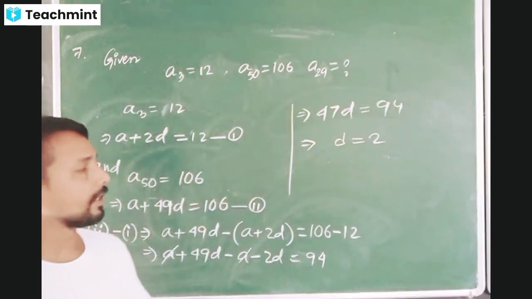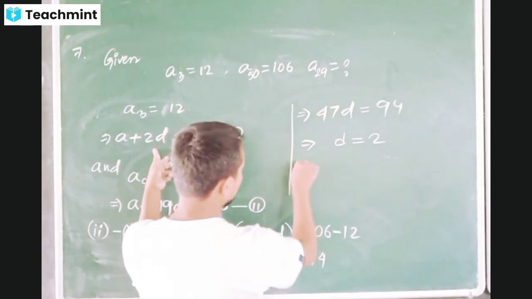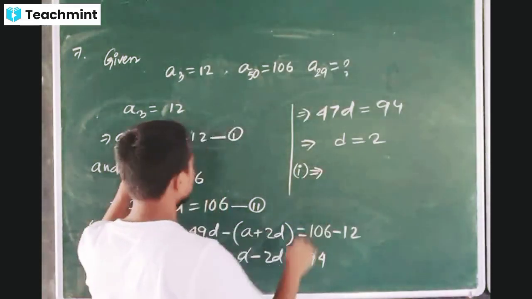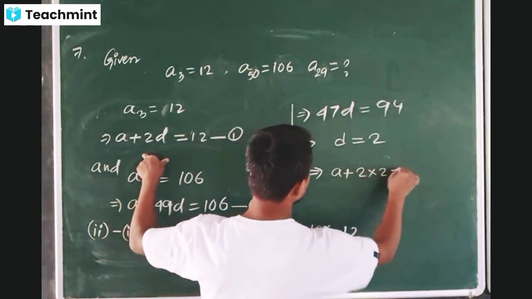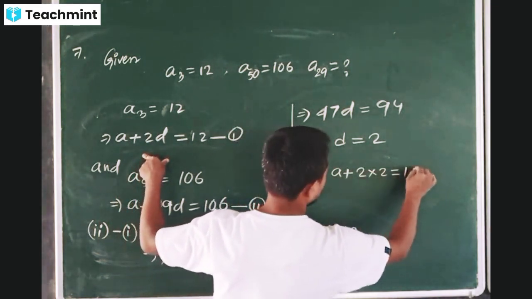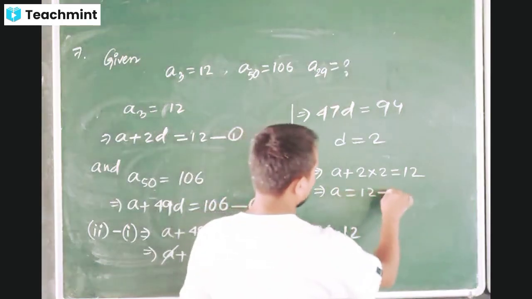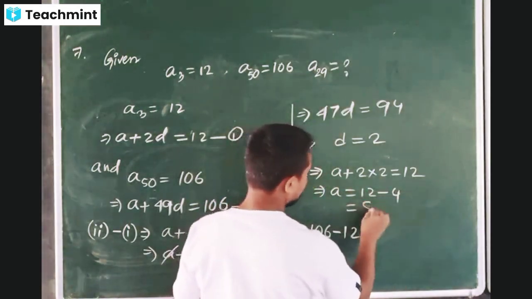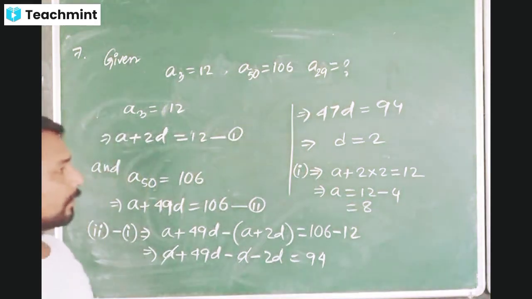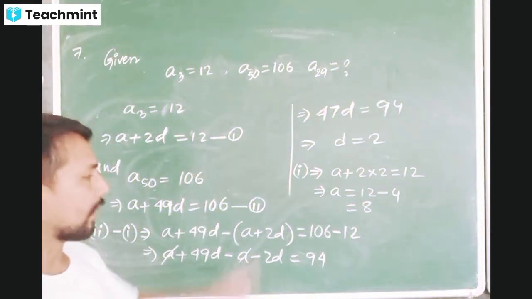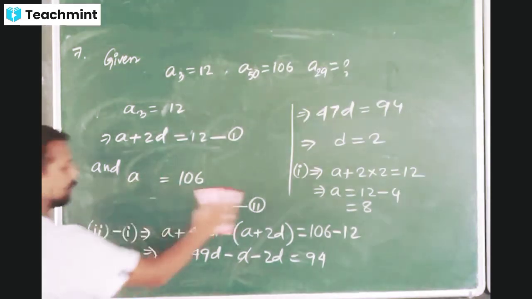Now we got the D value. Let us put it in equation 1. From equation 1, we get A plus 2 into 2 equal 12, or A equal 12 minus 4, that is 8. We found D as well as A. Then let us find the A29 value.